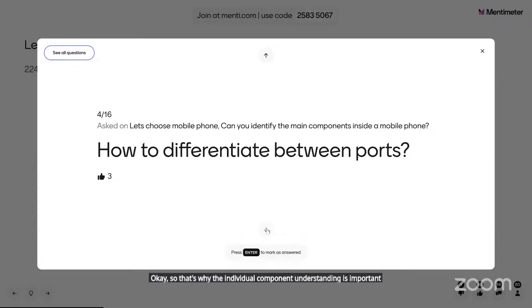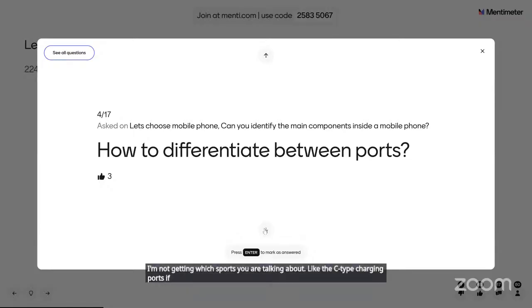How to differentiate between ports? Hmm, which ports are you talking about? I'm not getting which ports you are talking about. Like the C type charging ports, if you are talking about. Basically, the charging ports are all company specific.